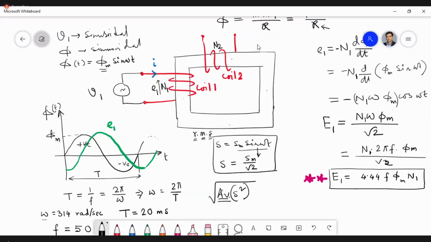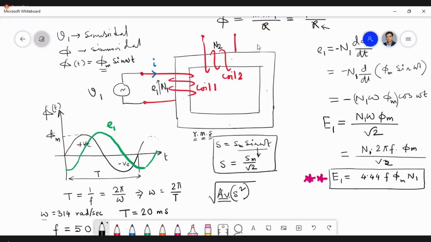And while averaging this value, you have to apply the integration. Is that clear? When you are doing the square, your positive-negative problem will be over, isn't it?